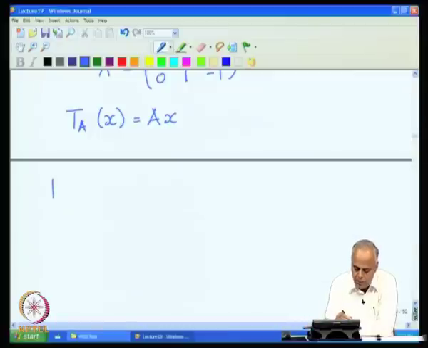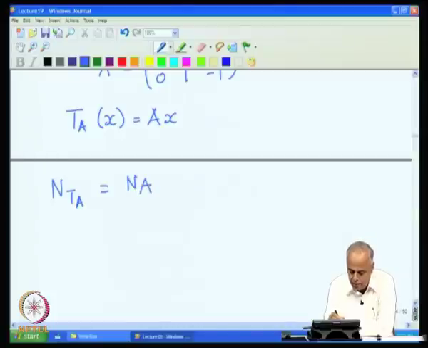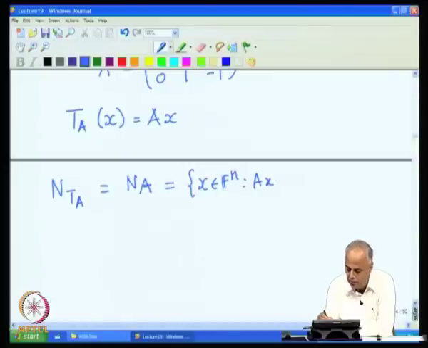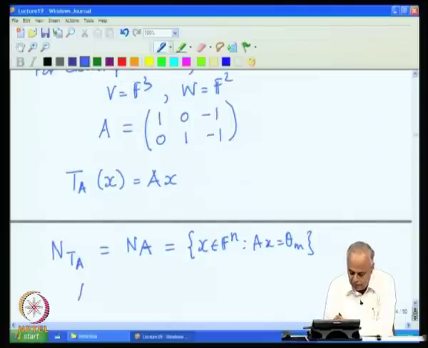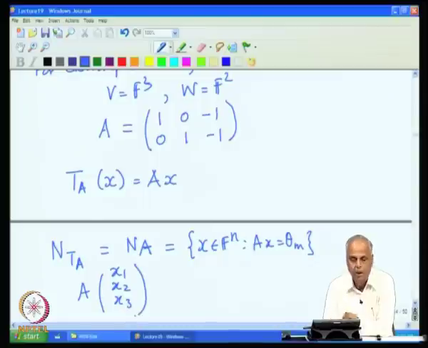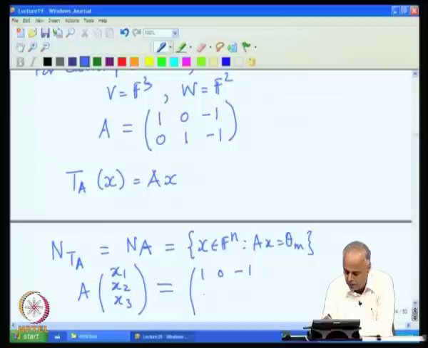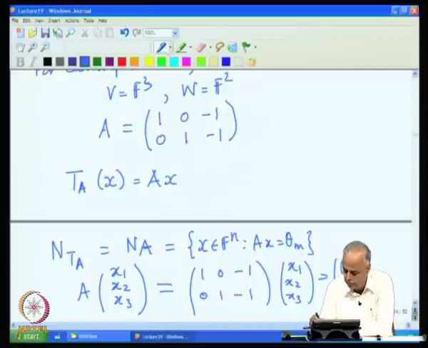Now, what is the null space of T_A? It must be equal to the null space of A. What is the null space of A? The set of all x such that A x equal to theta_m. A is this matrix. I do not know what x is, but x must be in F^3, so it must have 3 components, which means [1 0 -1; 0 1 -1] times (x1, x2, x3) is equal to theta_2.